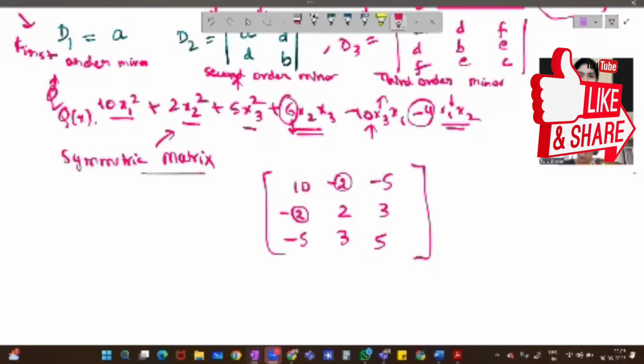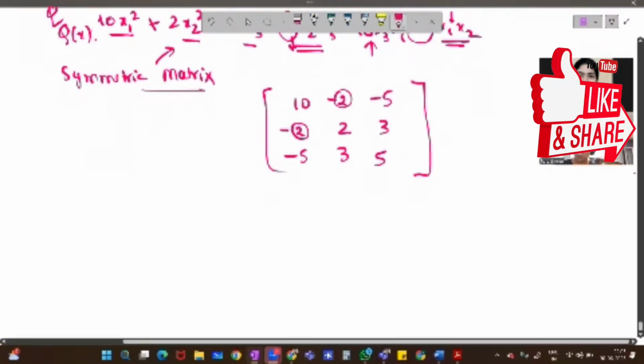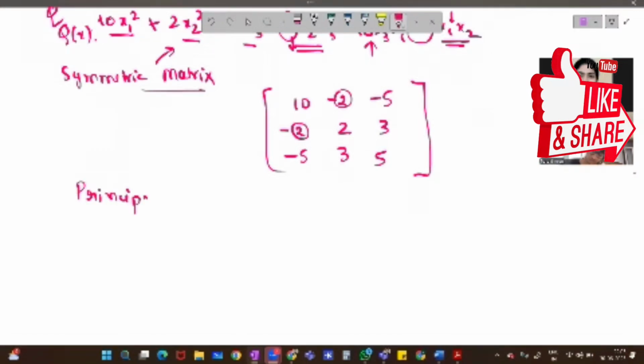Pretty simple. Now, once you get this symmetric matrix, you need to find the principal minors to see whether it is positive definite, semi-definite, indefinite, or what.